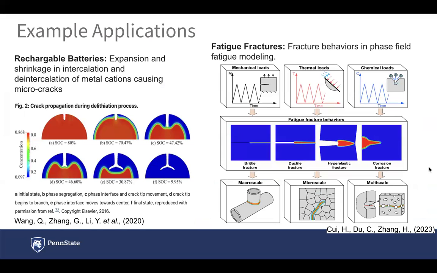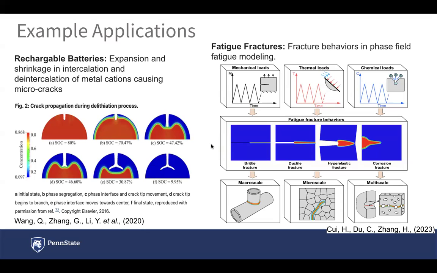And we included a few example applications for the phase field method. One can be applied to rechargeable batteries, which focuses on crack propagation during intercalation of lithium ions. And intercalation is basically the intrusion of a molecule, or cations in this case, into the surface or medium.